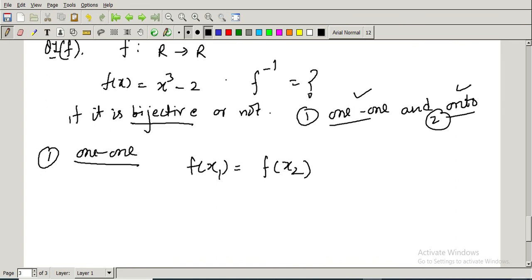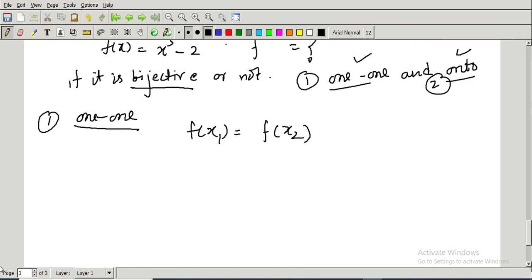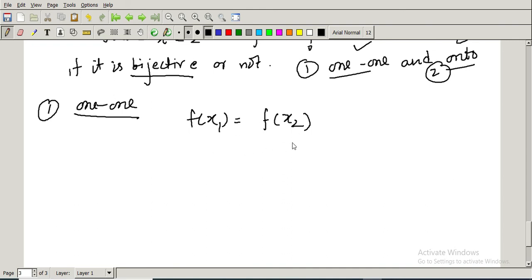You can use any kind of notation. I will explain in both ways. First denote x1 and x2. If these two function values are equal, then it is one-one.